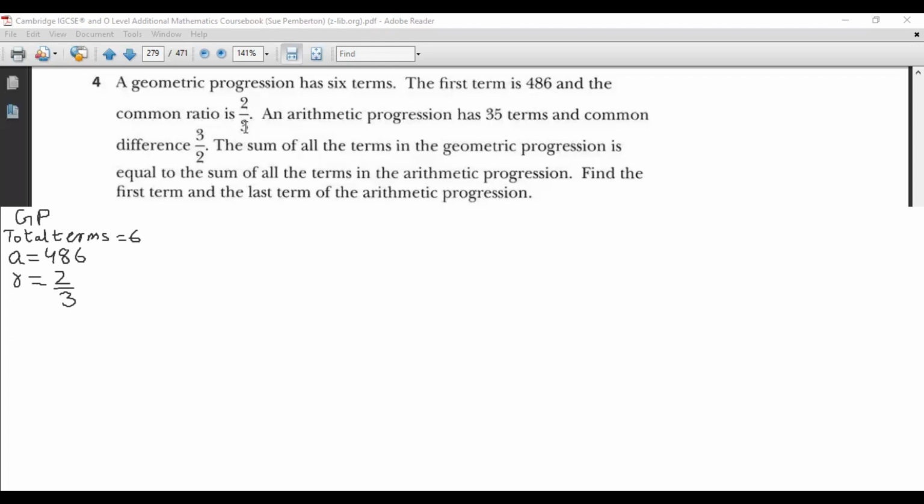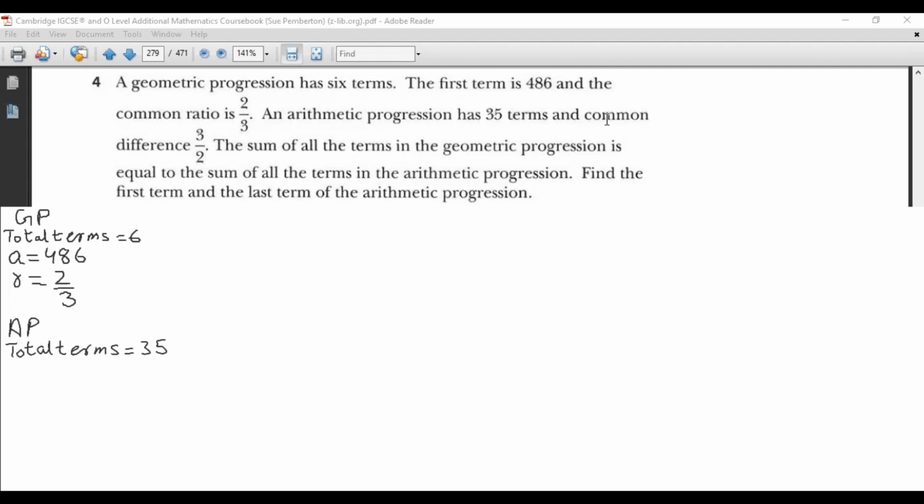After that, they are saying an arithmetic progression has 35 terms. Now we have got an AP in which we are having total terms equals to 35.